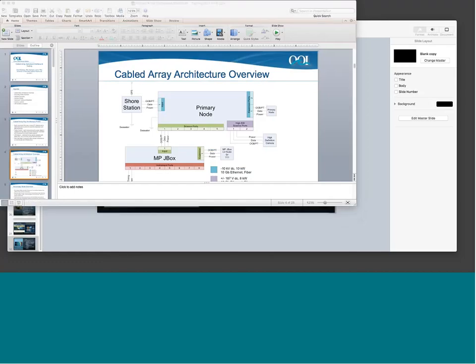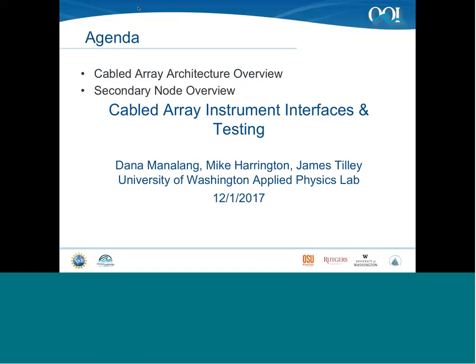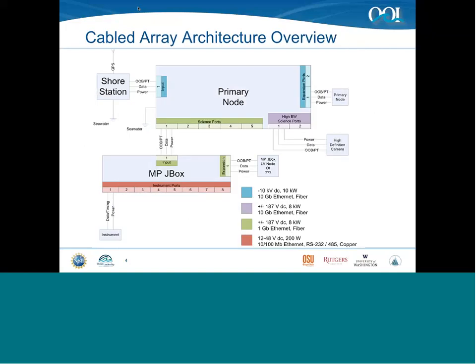So the cabled array architecture basically runs from the shore out through the primary infrastructure that includes the backbone cables and primary nodes, that Deb showed you some nice video of, and those push out into junction boxes.